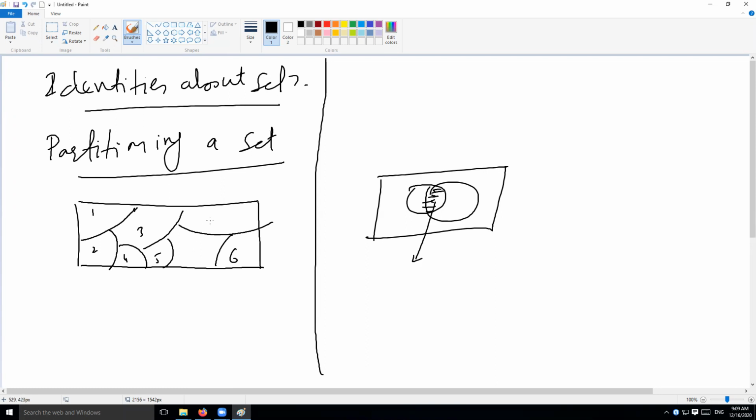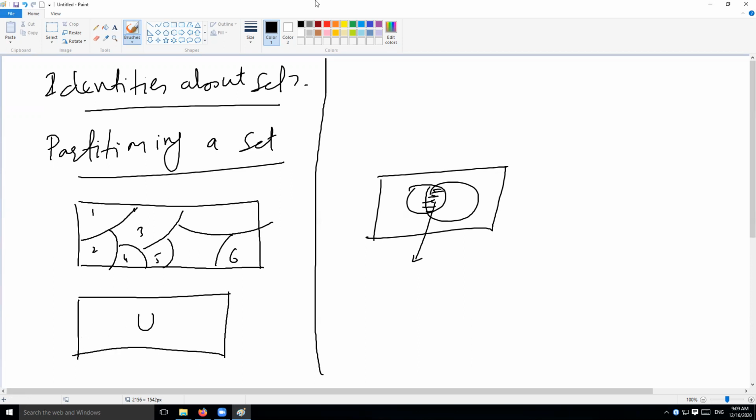Now if I ask you to make this notion more formal, how can I make it a formal set notion? Let's start with a very simple example. Imagine you have a universal set. Say, for example, this is my universal set.